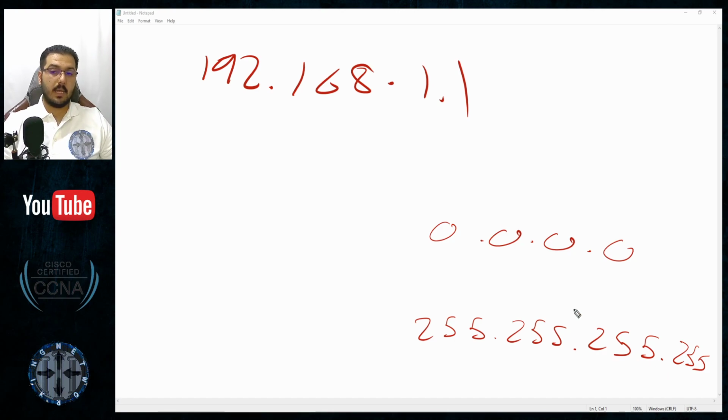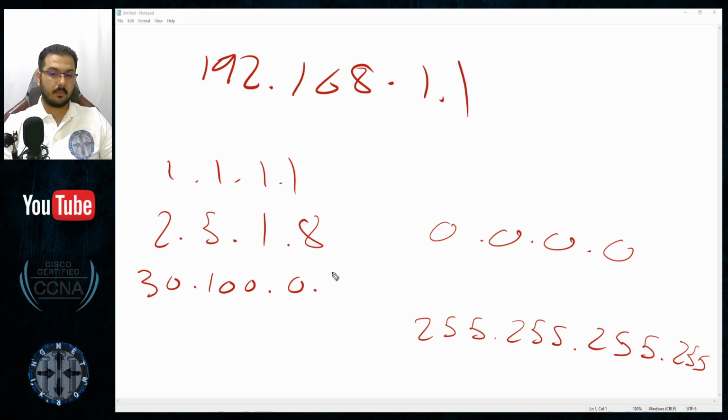What does that mean? That means that this IP address is correct as an IP address. This one is correct. This one is correct. All of them are correct IP addresses. All of them have no issues.